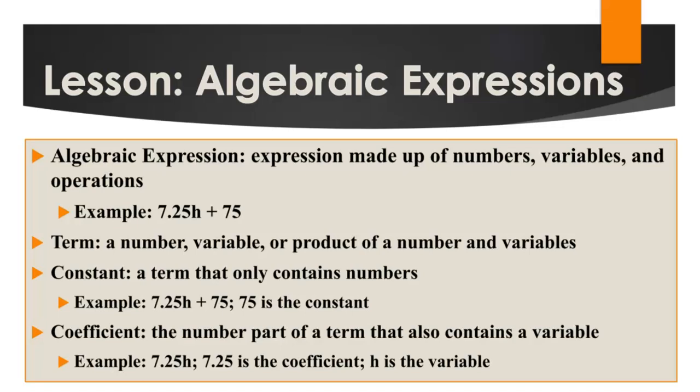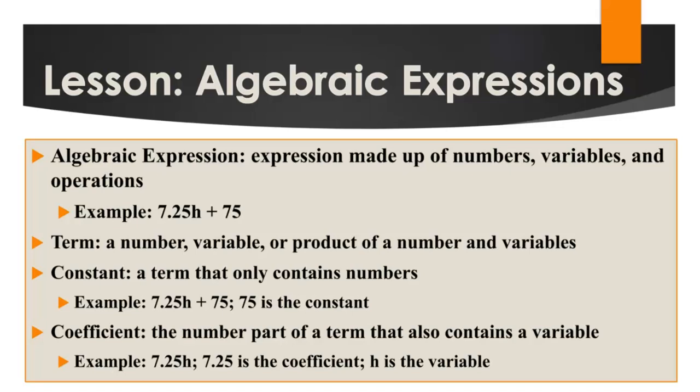So you have numbers that can be considered constants. So a constant is a term that only contains numbers. So an example, 75 is a constant. Now 7.25 is also a constant, but we normally give it a different word, and that would be a coefficient, because it's part of a term that has a variable with it.